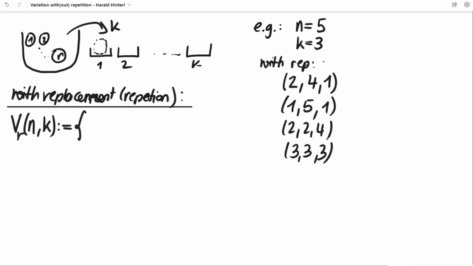So instead of a 3-tuple as here, in general, we take out k balls, so we have a k-tuple. And each x1 or x2 can be a number from 1 to n. So the numbers of the balls.